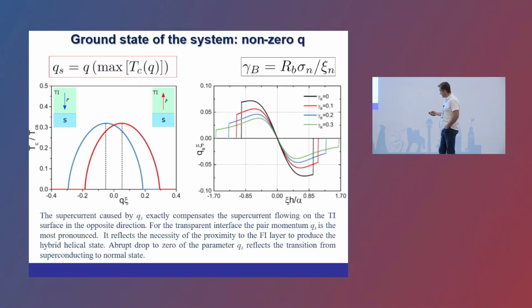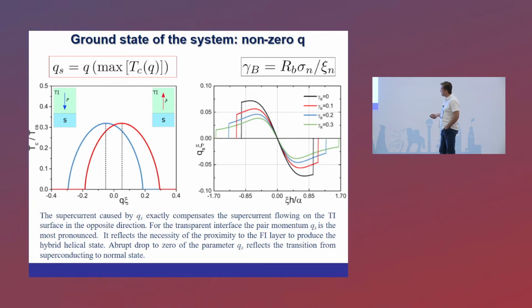So first, the hybrid helical state, and here I proceed to the results. We calculate the critical temperature for two directions of the exchange field. You see the critical temperature has different values.